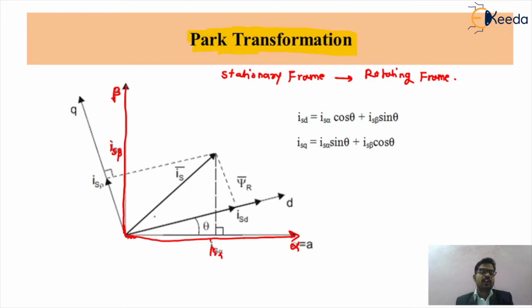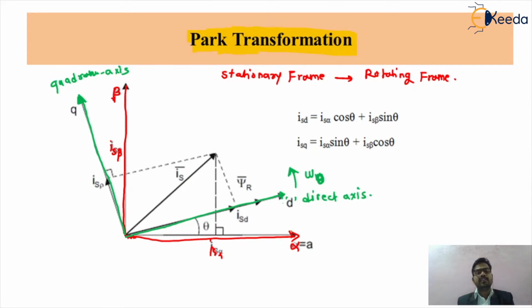Now we want to convert this frame into a direct axis component. I can show you here. This is the direct axis component, D, and this is the quadrature axis component, Q. The current flowing through the D axis and Q axis rotates with a speed, which we call omega r, the rotating frame component, omega theta.